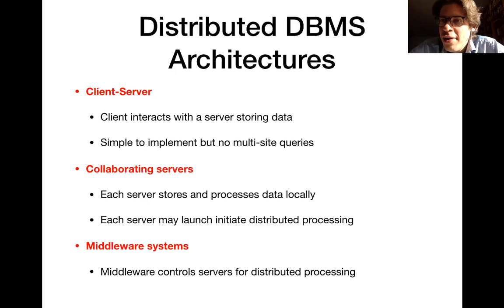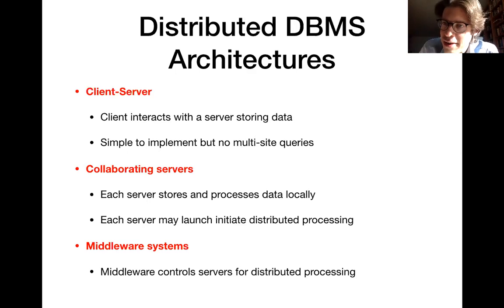But in this model, we essentially assume that all the relevant data is available on one single server, so we don't have to do processing across multiple servers in order to answer one given query. If you want to support that, if you assume that there are queries that relate to data which is stored across different sites, then you might rather want to consider the collaborating server model, where each server essentially stores data locally and can process data locally.